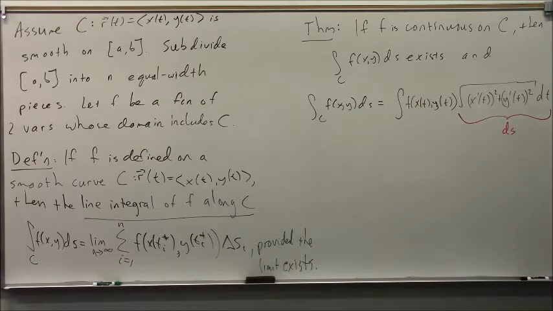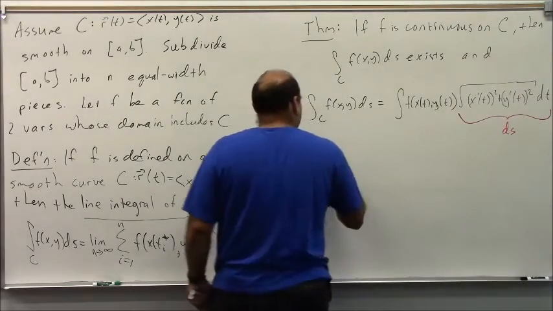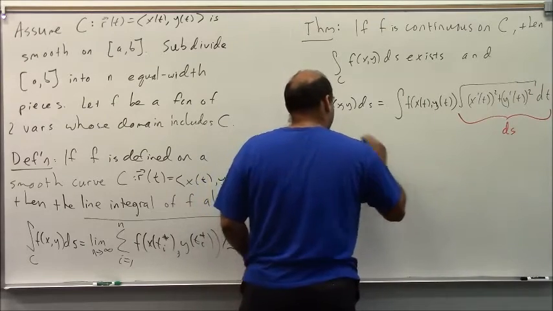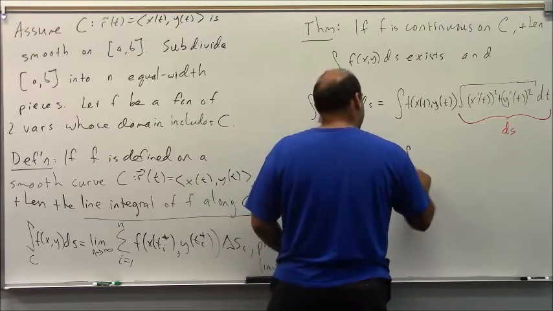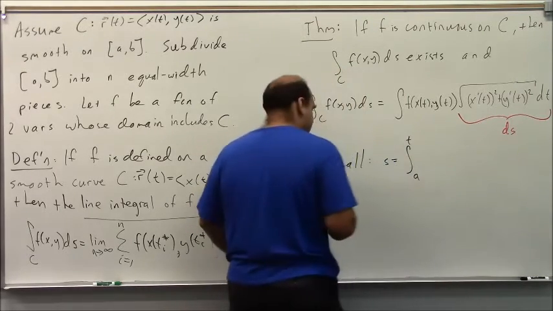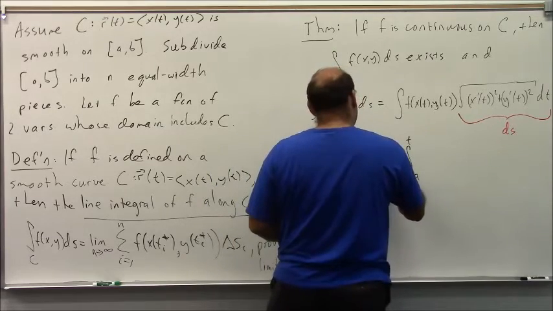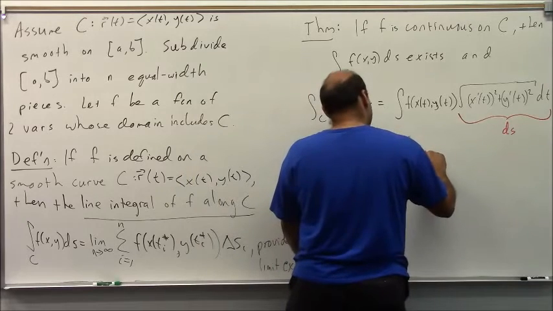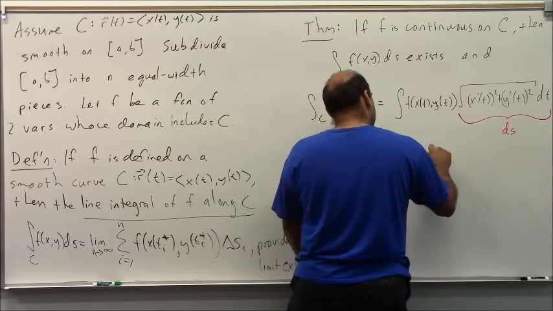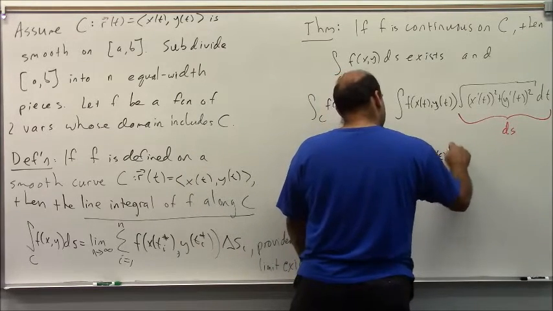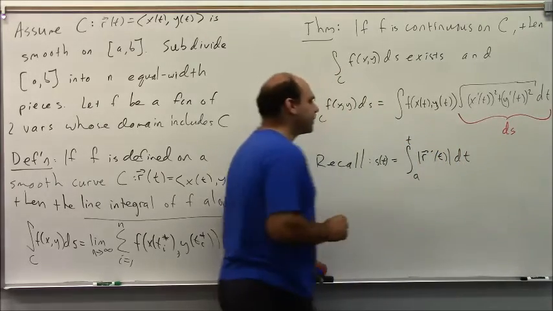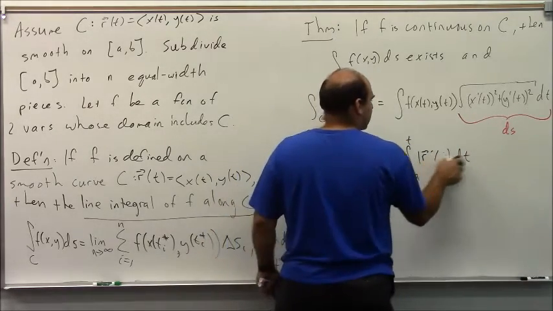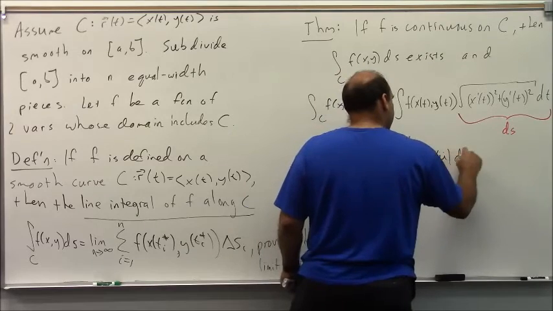And I think that's pretty reasonable because we can recall s of t would be the integral from a to t of magnitude of r prime of u du, say, using a different variable.